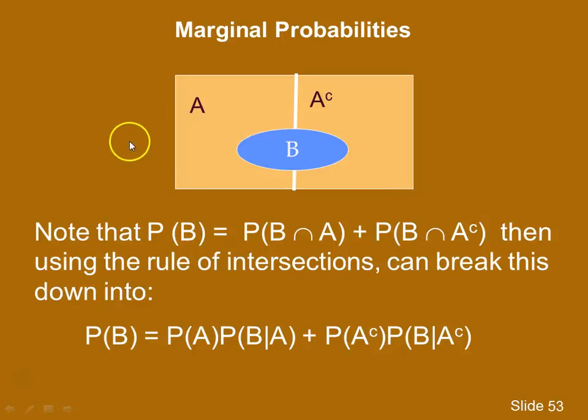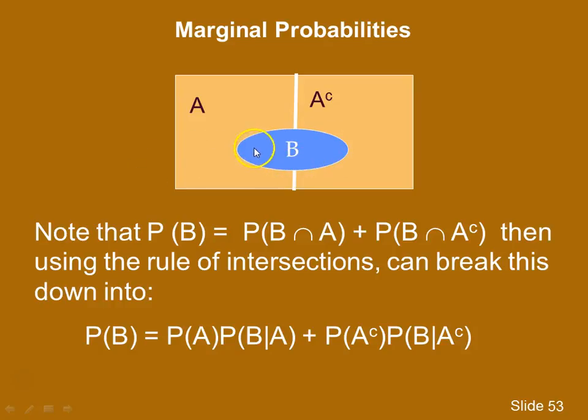We can see this in another way using a Venn diagram. Suppose everything to the left of this line is event A, and everything to the right is A complement. Here's event B, which overlaps both of them. Well, then the probability of B is the sum of two intersections.